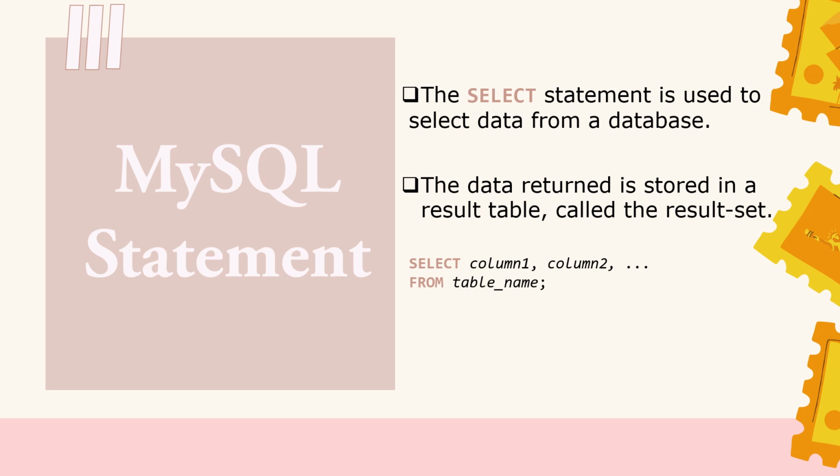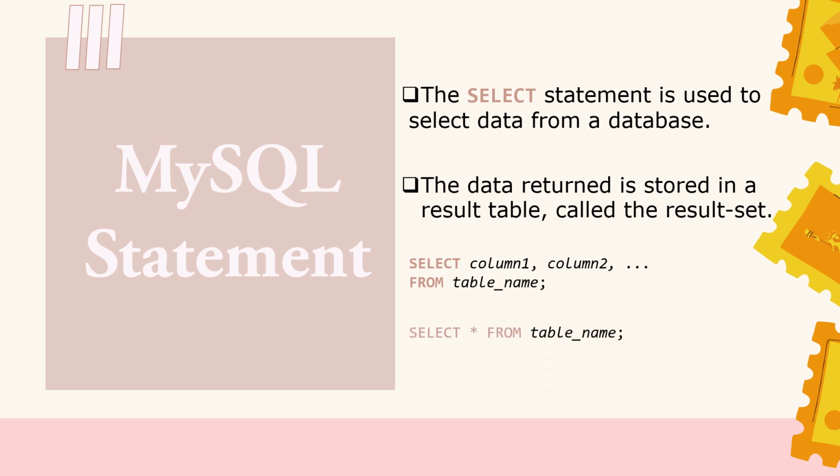Meaning, column 1, column 2, and the three dots refer to the field names of the table from the database, and then from the table name. Of course, we need to replace those columns with the actual field names used in the database.